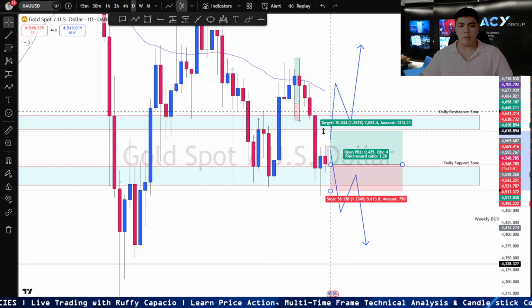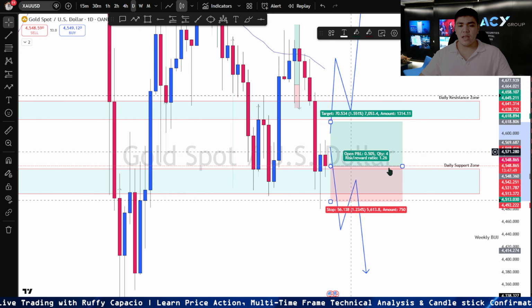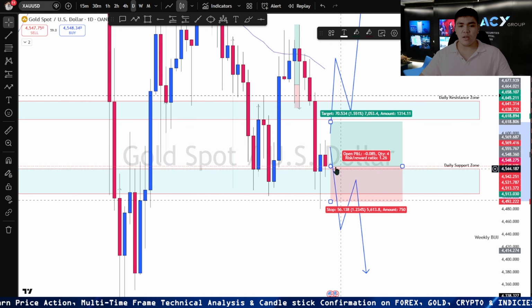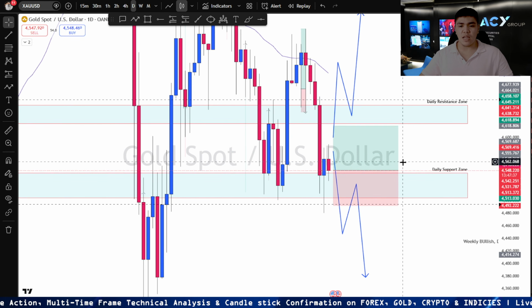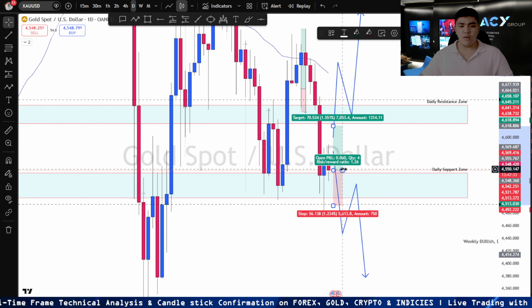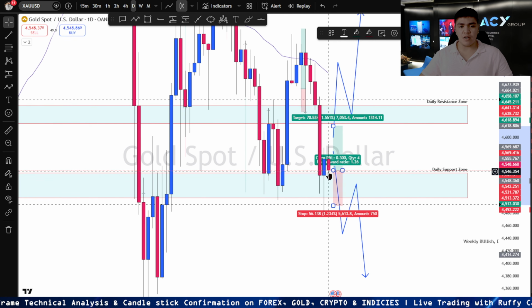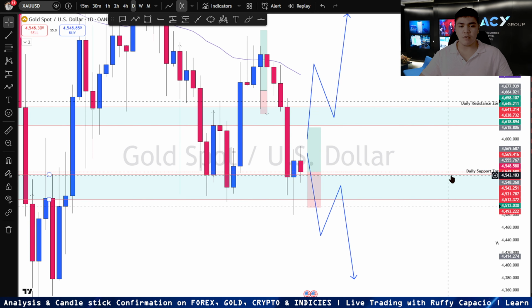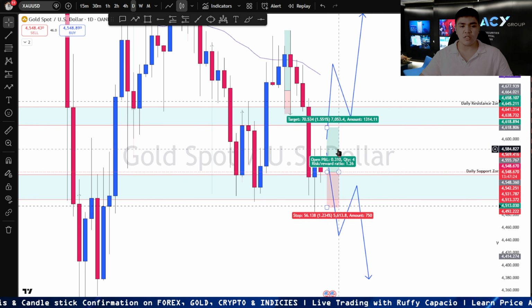So therefore, maybe we couldn't catch a healthy risk reward, because we already know that we target a 1:2 minimum risk reward ratio. If we take this trade inside this daily support zone, yes, we are above it. Once we are above, we will use it as a support, because currently in this price action on gold, price is above this daily support zone. Therefore, it will use it as a support.